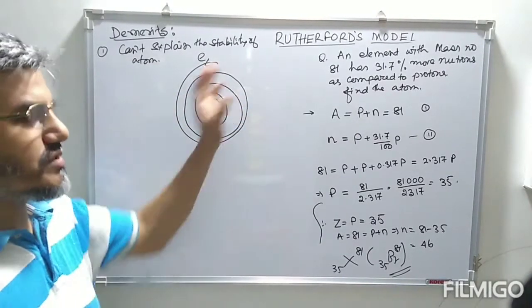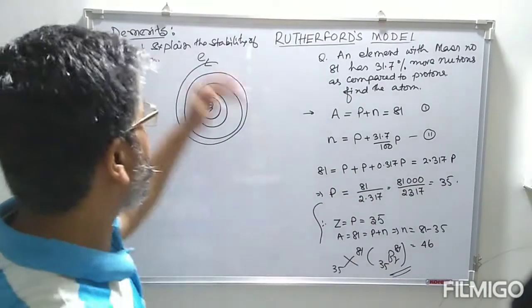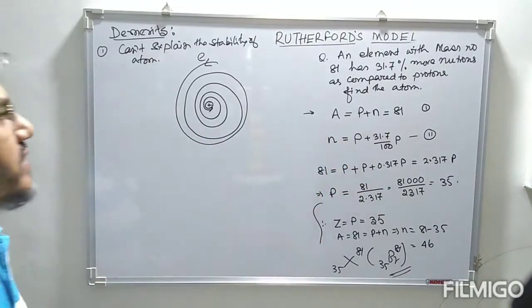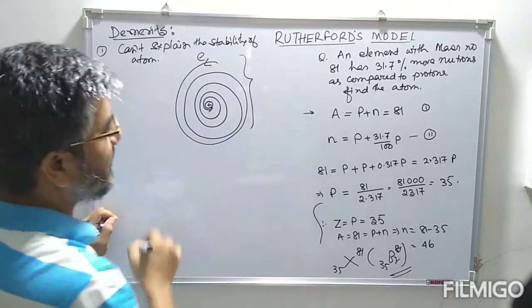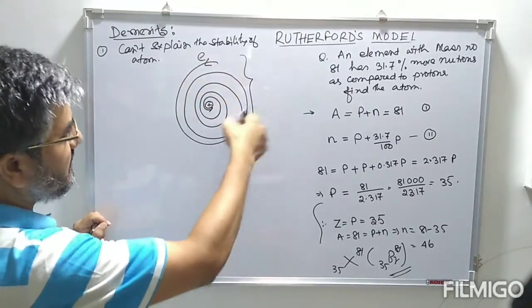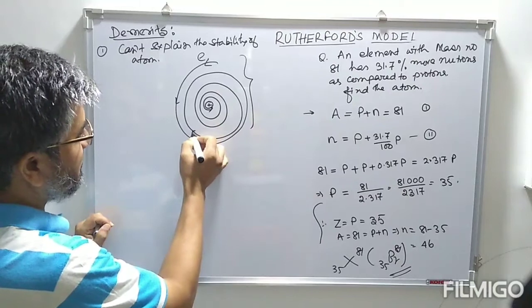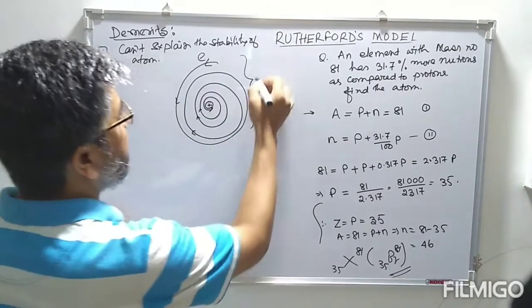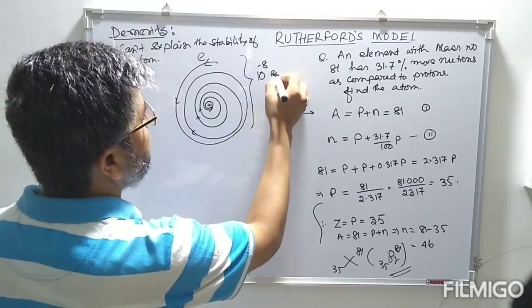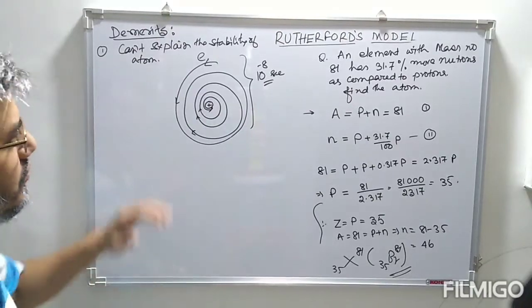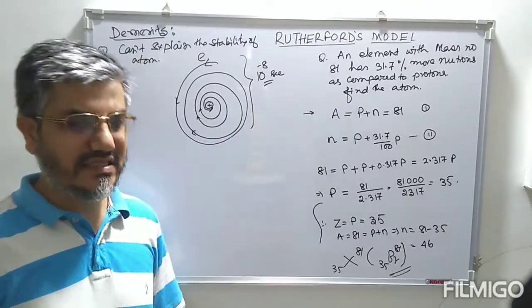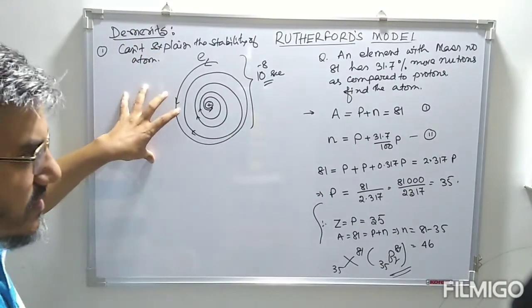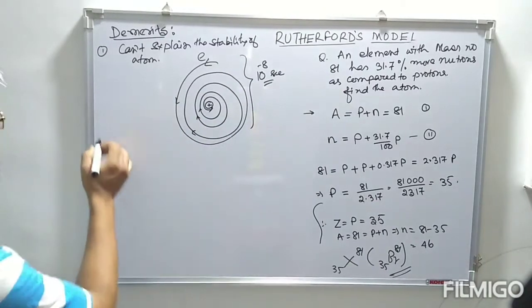But Rutherford simply says electrons are moving around the nucleus in circular orbit, so we cannot explain why this is not in agreement with classical electromagnetic theory. Experiment says the electron moves around the nucleus following this spiral path. This takes place in 10 to the power minus 8 seconds. So the atom could be stable only for 10 to the power minus 8 seconds. So this theory cannot explain the stability of the atom.